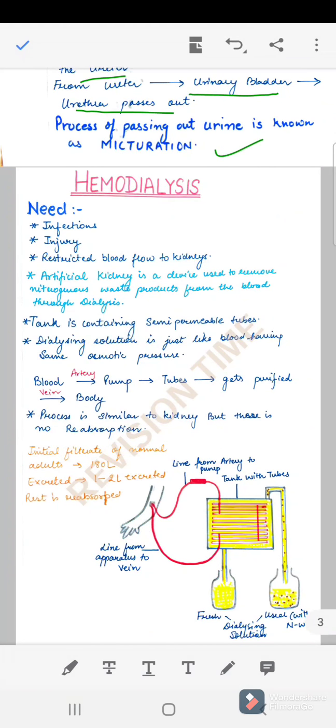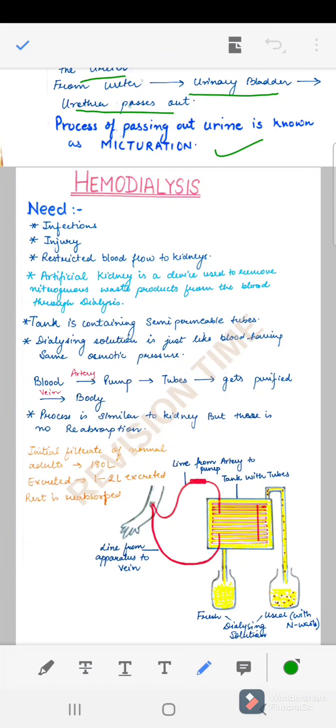So next we have artificial kidneys or hemodialysis. So artificial kidney is a device used to remove the nitrogenous waste products from the blood through dialysis. And why we need this? So whenever we have any kind of infections or injury, or there is a restricted blood flow to the kidneys, basically when our kidneys fail to function, we need an artificial kidney.